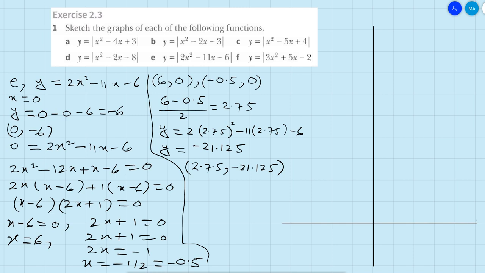This is our x-axis. This is the negative x-axis. This is positive y, and this is negative y. And this one is the origin.